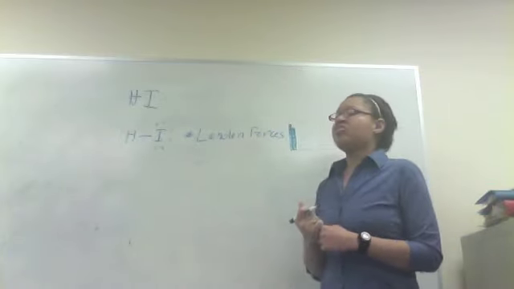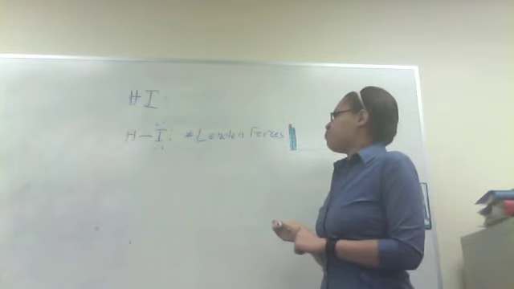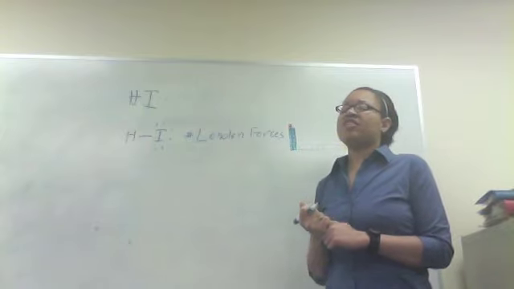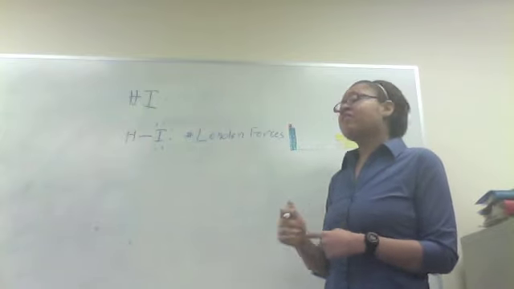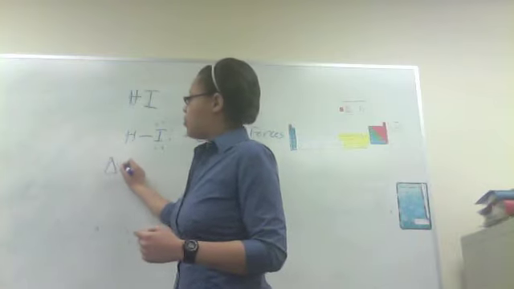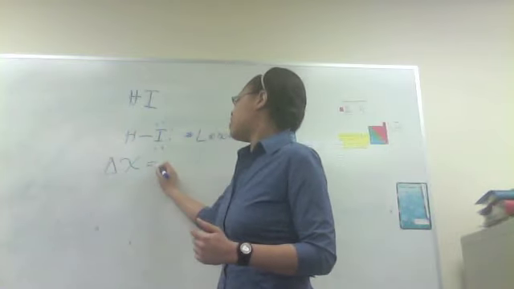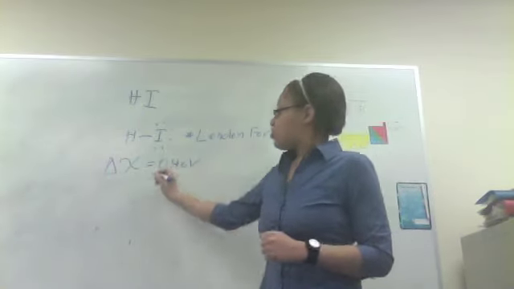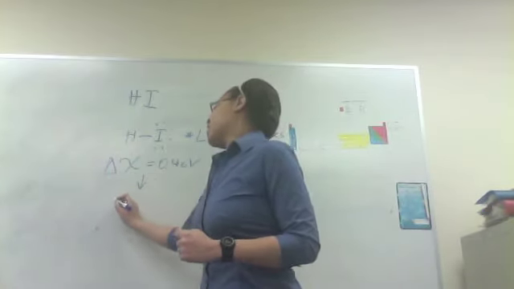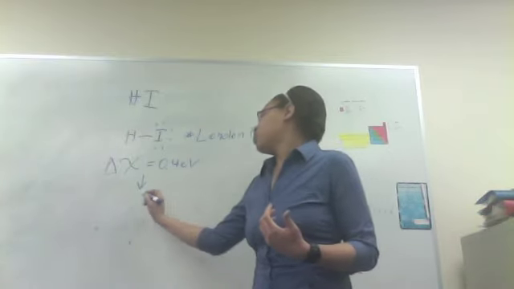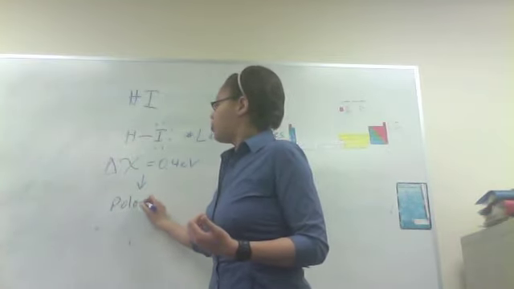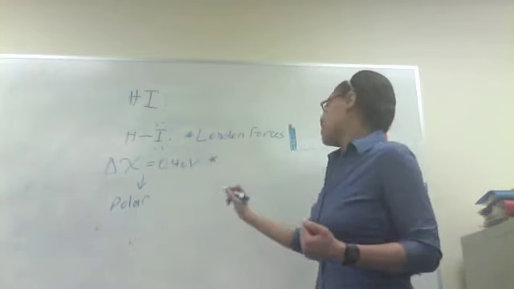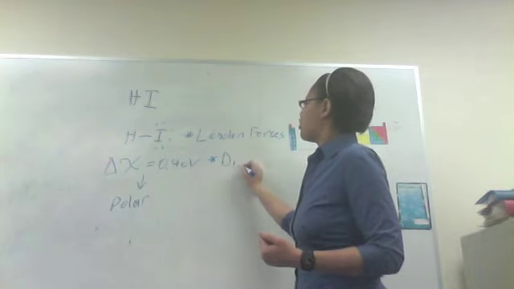Okay, so we'll see if hydrogen iodide is polar. This one's a little bit iffy, so you would need to consult electronegativity differences. It turns out the electronegativity difference, if you remember we talked about delta chi values, is about 0.4 electron volts. So this does mean that hydrogen iodide is in the low range of being polar. So it is polar, and we would expect HI to have dipole-dipole interactions.